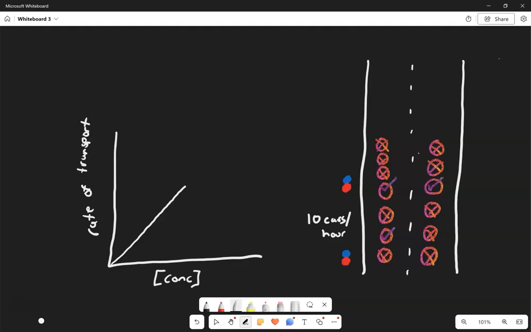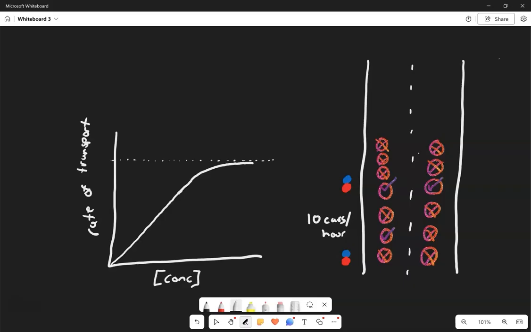But there's a point up here where those transporters become saturated. There's more molecules than what they can move, right? And so as we approach that line there, we sort of top off, right?